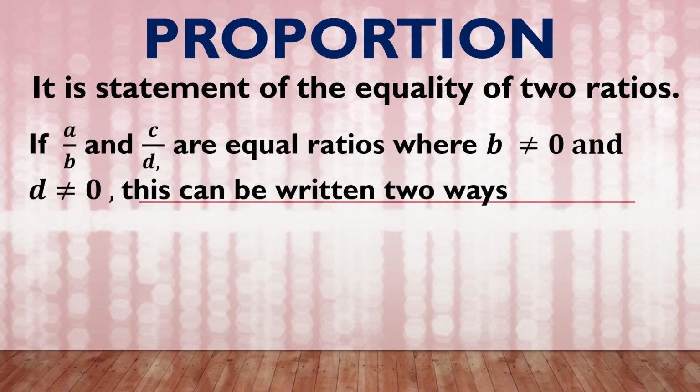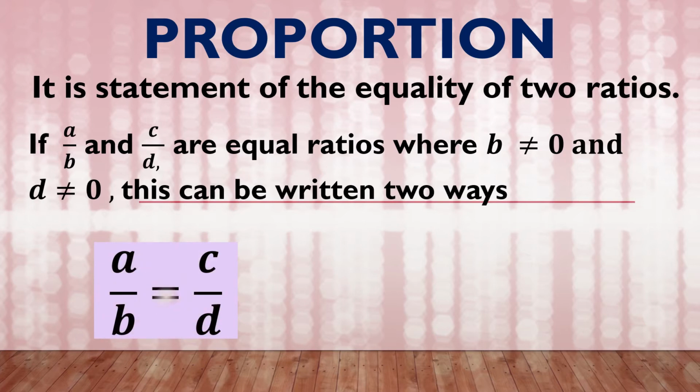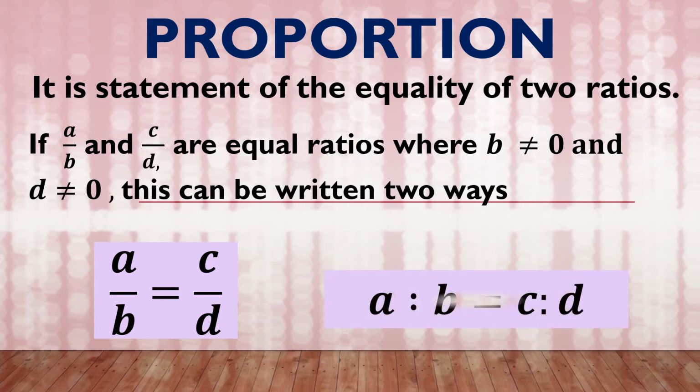So if A over B and C over D are equal ratios, where B is not equal to 0 and D is also not equal to 0, this can be written in two ways. The first one is using fractional form, and the other one is using ratio. It's read as A is to B as C is to D.